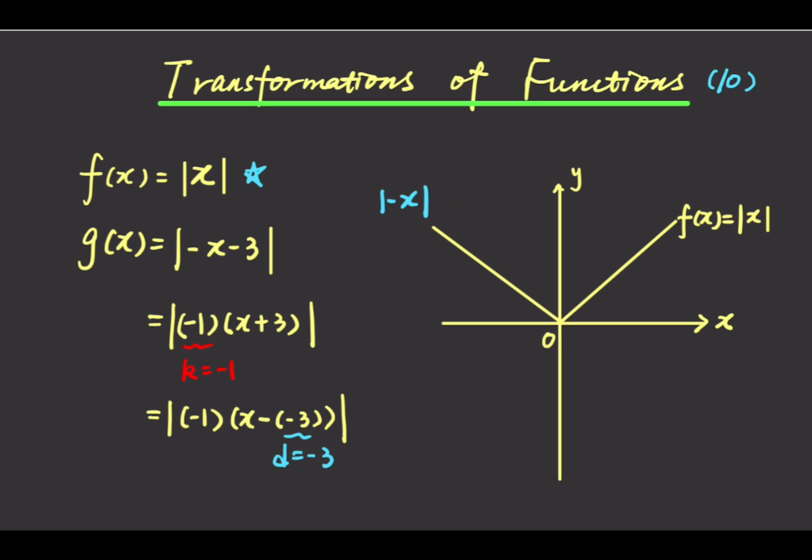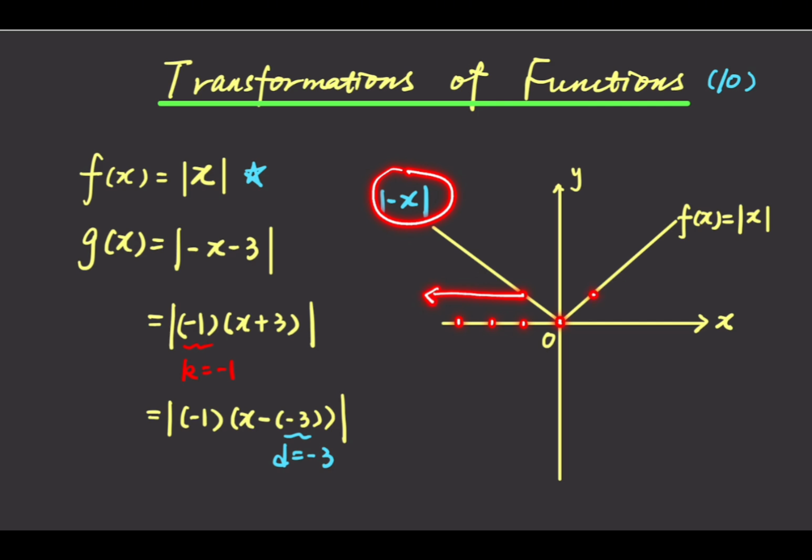Now, we need to transform this function according to this parameter. That is, d is a negative number, so we need to translate this graph to the left side by 3 units. Okay, this is the vertex, so you need to translate this vertex to the left side by 3 units, and every point on this function's graph should be translated to the left side by 3 units.